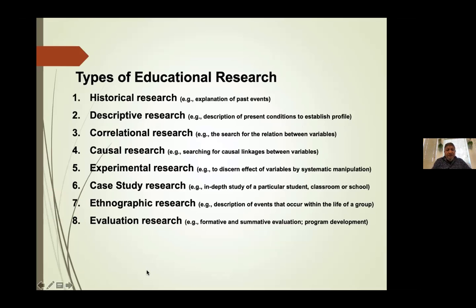So the first slide, types of educational research. I wanted to make sure that I give you some further ideas about the type of research that we have in education. First of all, you see the historical research, explanation of past events, right? In that sort of research, you are looking at archival data usually, and you are actually going back and interviewing people and doing that sort of research where you are trying to get a historical account of people.